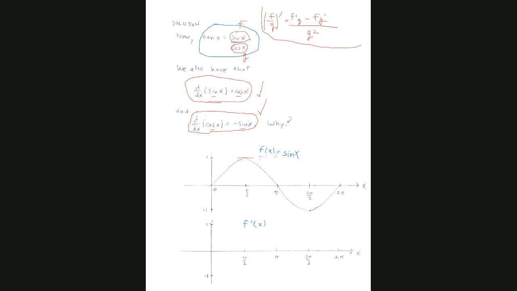So the fact that at x equals pi over 2 the slope is 0 for our sine of x function means that the derivative at x equals pi over 2, f prime of pi over 2, would have to be 0.